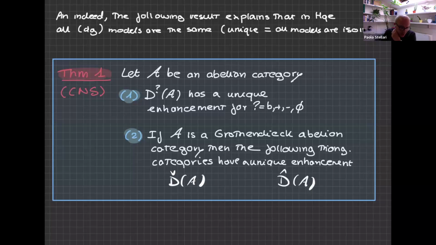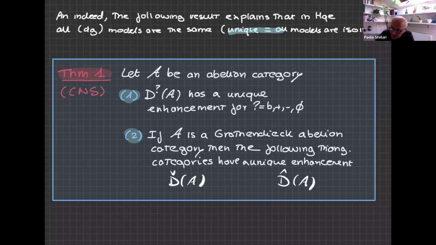Okay, so in particular, we know that by a theorem that we proved some years ago with Alberto and Amnon Neeman, whenever we take an abelian category A, then the derived category of A has a unique enhancement for whatever decoration you can add. And having a unique enhancement means precisely what is written up here.